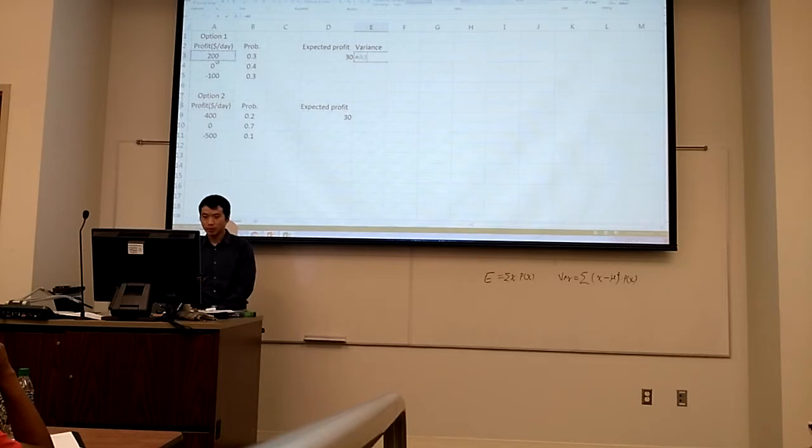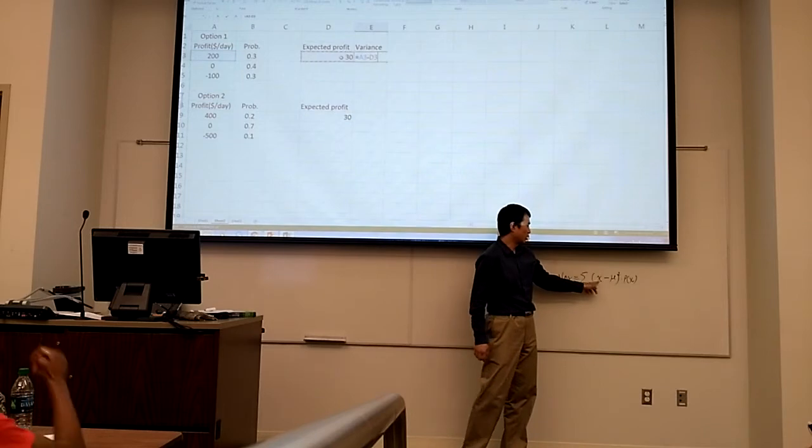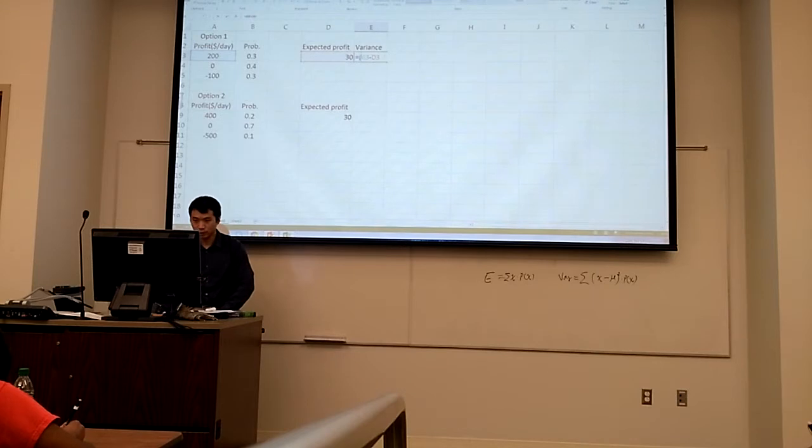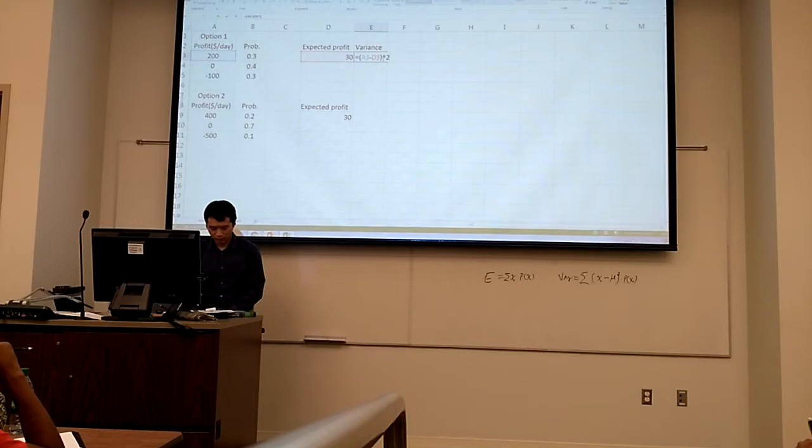This value minus the profit: a specific value minus the mean, and square, times the probability, plus the second outcome minus the same expected value, to the power of 2 and times the probability.